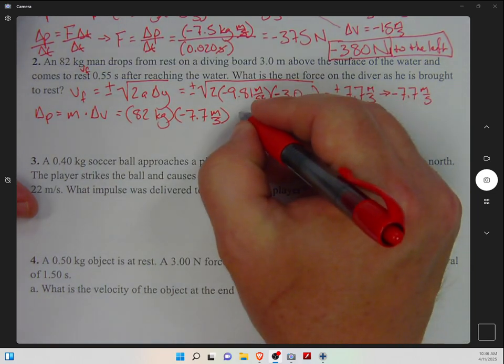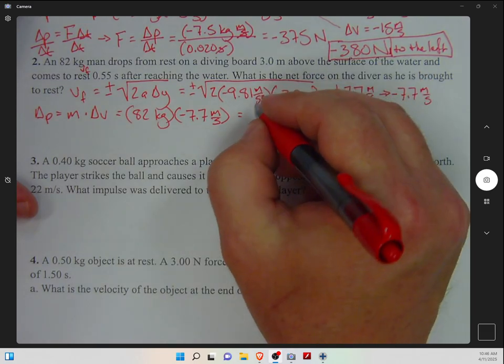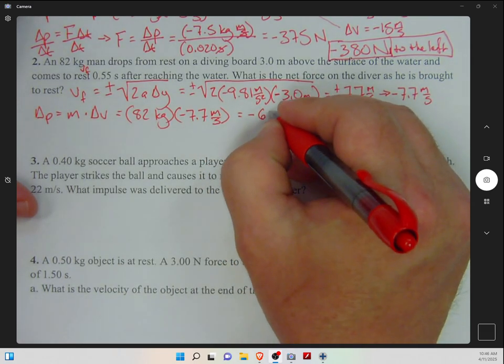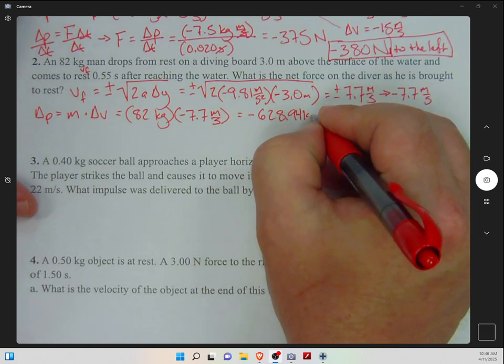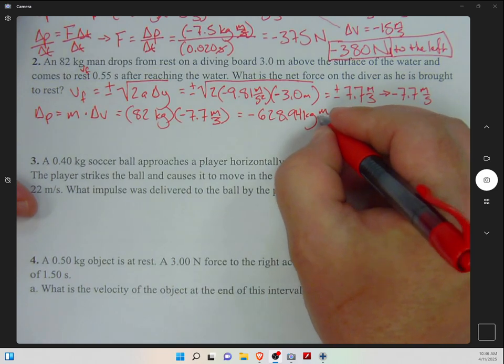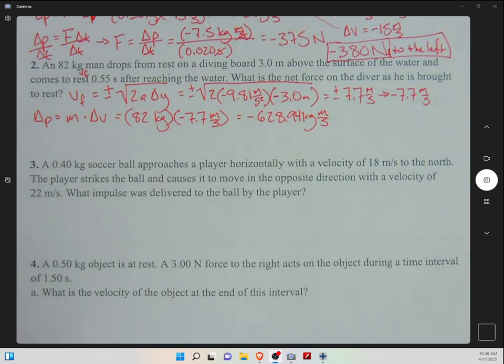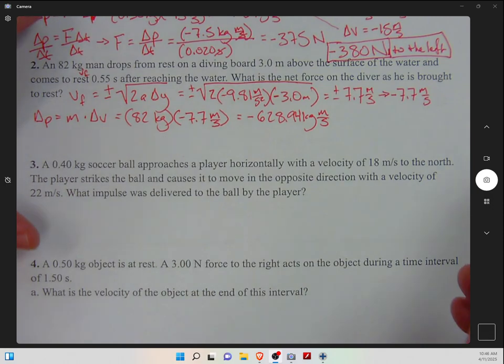And that's going to come out to be, what do you say, calculator? So I have a change in momentum or impulse. Remember, this is the same thing. Change in momentum is impulse. Impulse is change in momentum. They're the same thing. All right, so I can use those terms interchangeably.